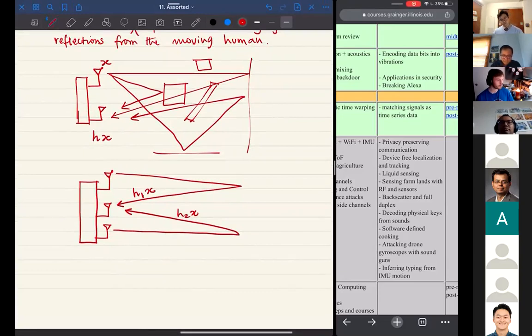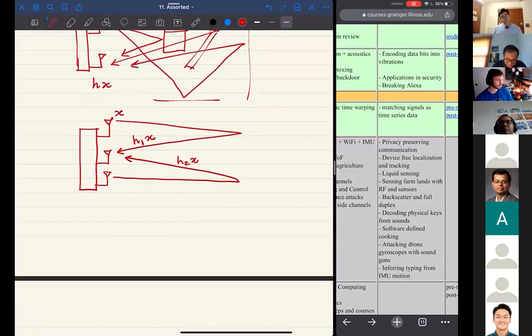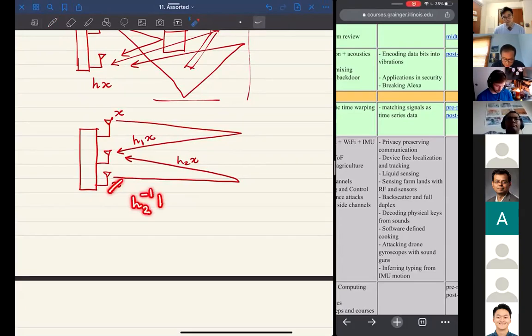So this project says, I was sending X here, I was sending X here. What if instead of this X, I send a signal which is H2 inverse H1, minus. Right?